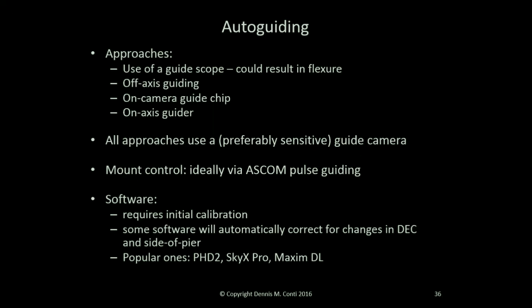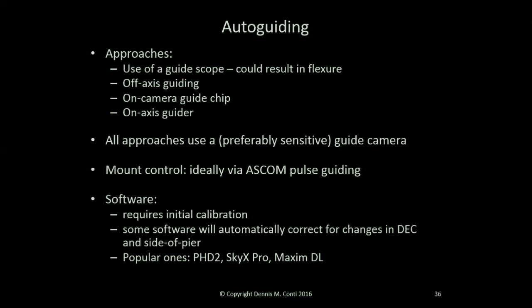Now, we said a lot about auto guiding in the last couple of slides, and I think it's important to spend a little bit more time on it, since it is so critical for exoplanet observing. As we alluded to, one could use a separate guide scope for auto guiding. One of the cons of using a separate guide scope is that this could result in flexure between the guide scope itself and the main optical tube.